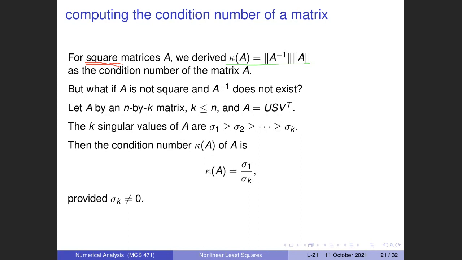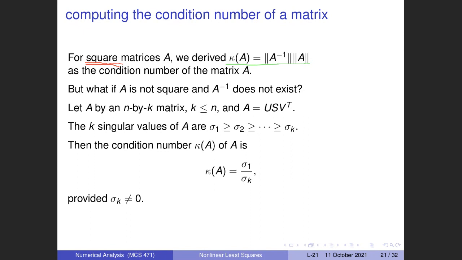This definition makes perfect sense for a square matrix, but it doesn't make sense if your matrix is not square, or if your matrix is square but there is no inverse. Then of course you can still solve the problem as we did with Gauss Newton, but why is it now well posed and well conditioned?